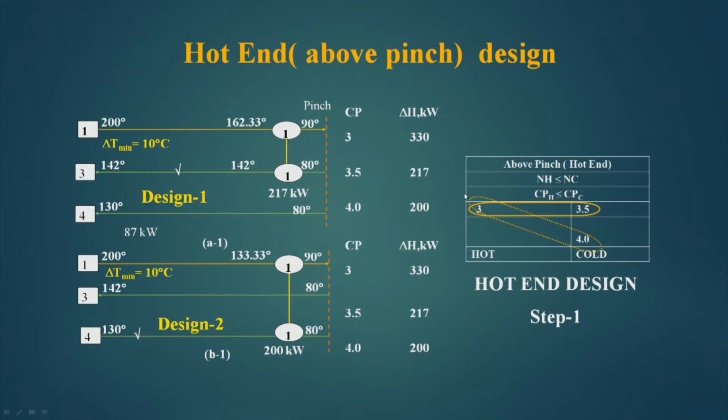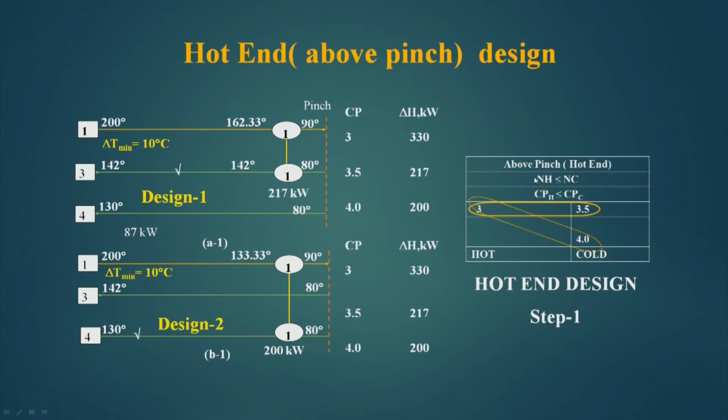This is the CP table which we have already talked about during the pinch design rules. If you see the CP table, it says above pinch hot end design. That means, this CP table is for hot end and above pinch area design.